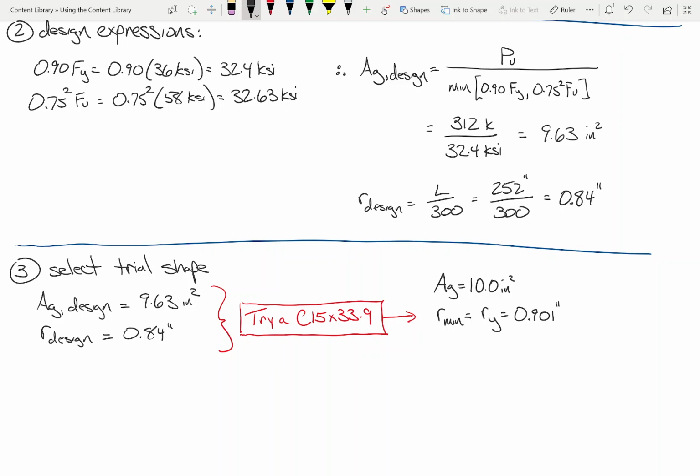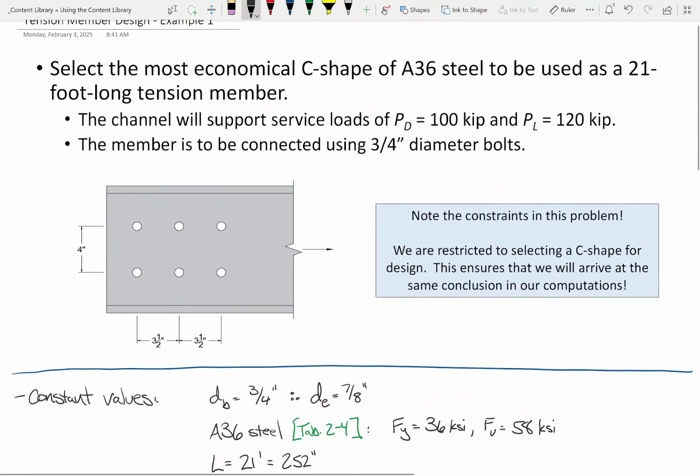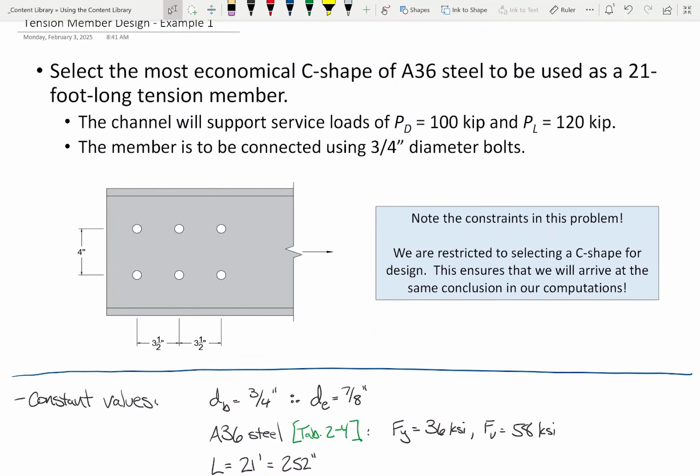What else are we going to need if we're going to analyze this? Let's go back up top to the problem. Web thickness. Why the web thickness? That's where the bolts are going through, that's for the net area. What other property are we going to need? Think further ahead. x bar.